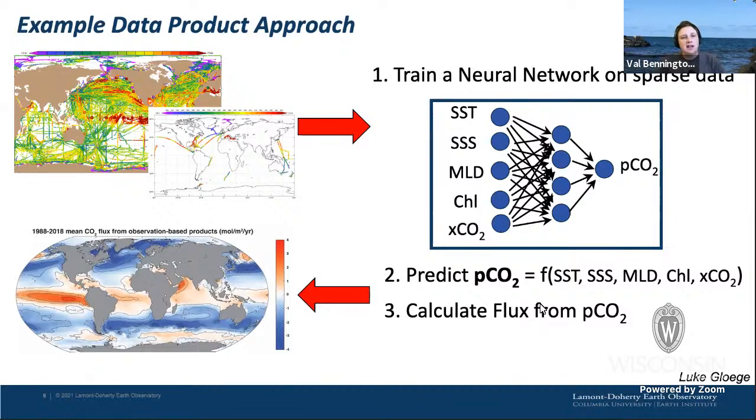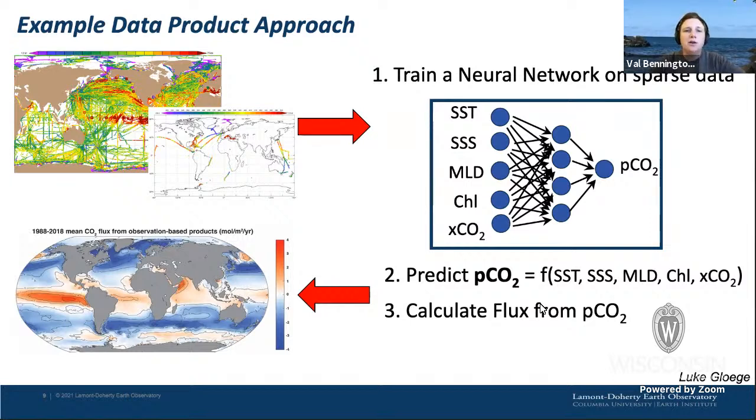So we do have satellite sea surface temperature. We do have salinity, mixed layer depths, and chlorophyll from space, and we know atmospheric CO2 values. So how do those relate to the pCO2 observations in the ocean?